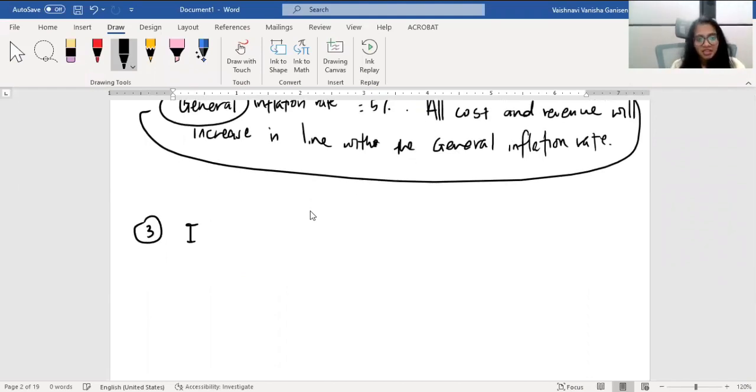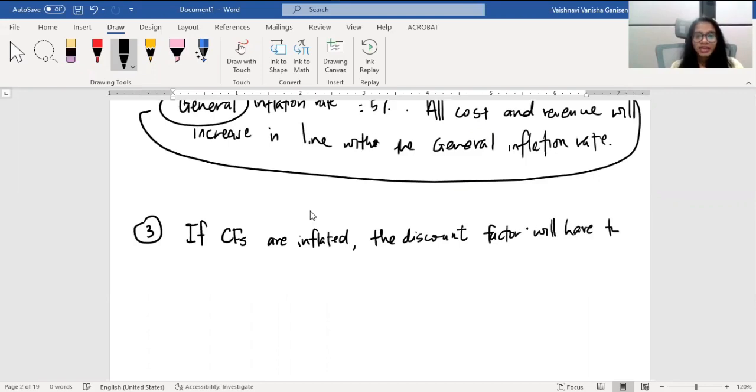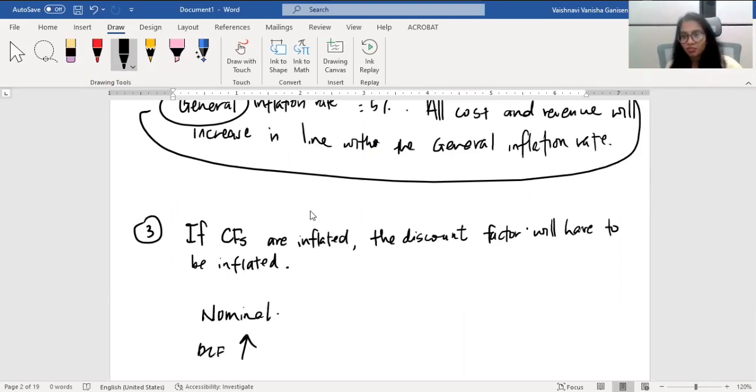Number 3, if cash flows are inflated, the discount factor will have to be inflated. Example, if you use nominal cash flow, your discount factor has to be nominal discount factor as well. Please ensure that you know that.